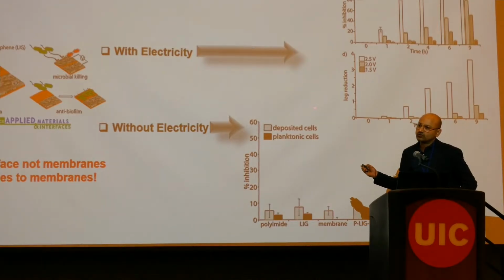With electricity it showed very excellent results. It was able to kill the bacteria. We have shown several ways you can get a complete disinfection using these laser-induced graphene-based textures.